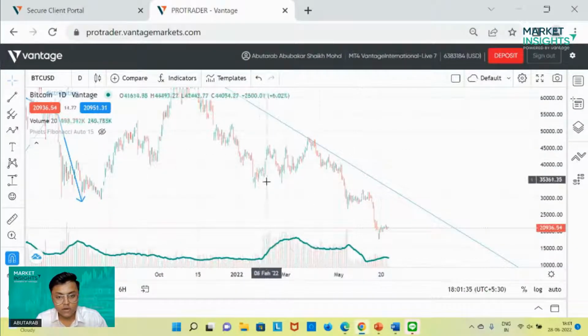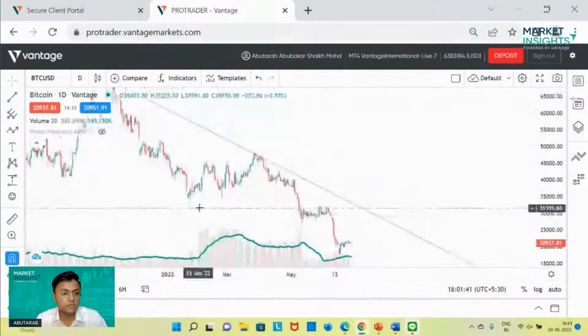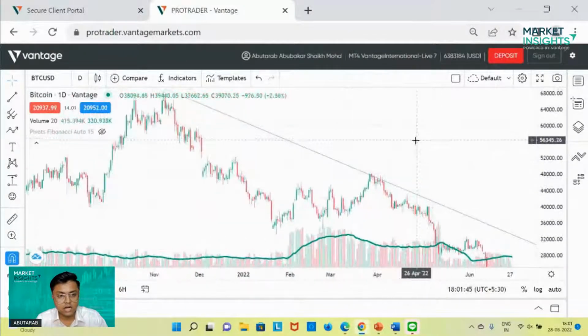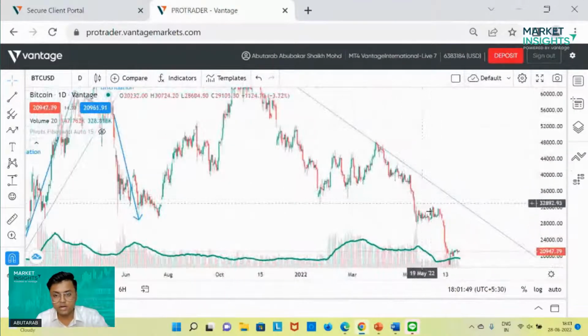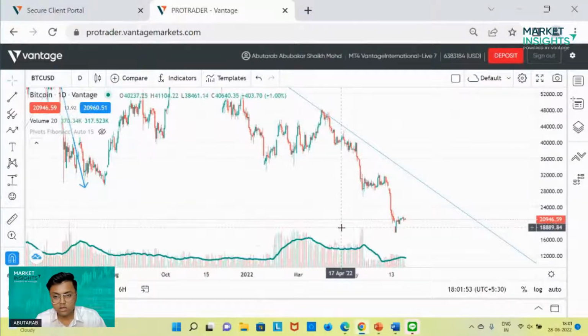We have got two bases here and here, and another base is forming here. These are all the wordings from the Dow theory and technical analysis terms. Base means a flat top, like a plateau, and drop is, you already know, a downtrend, and a rally is an uptrend.